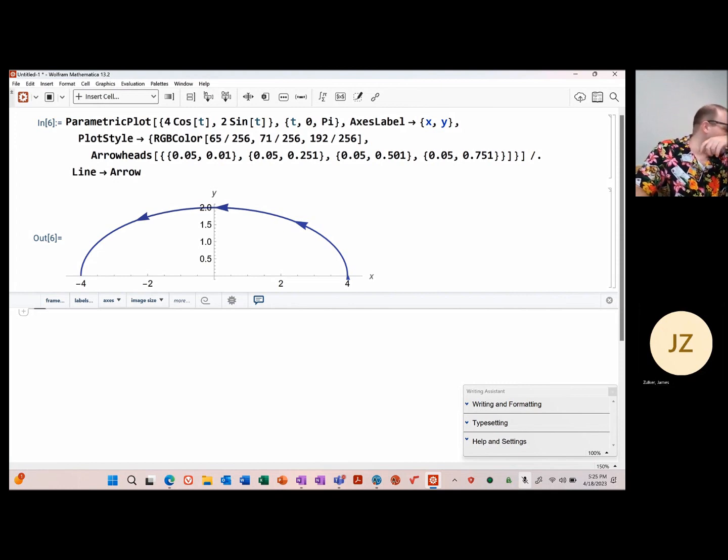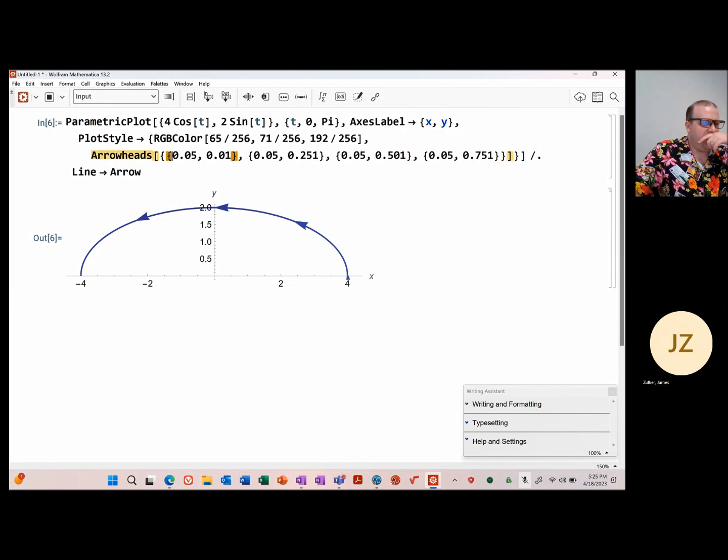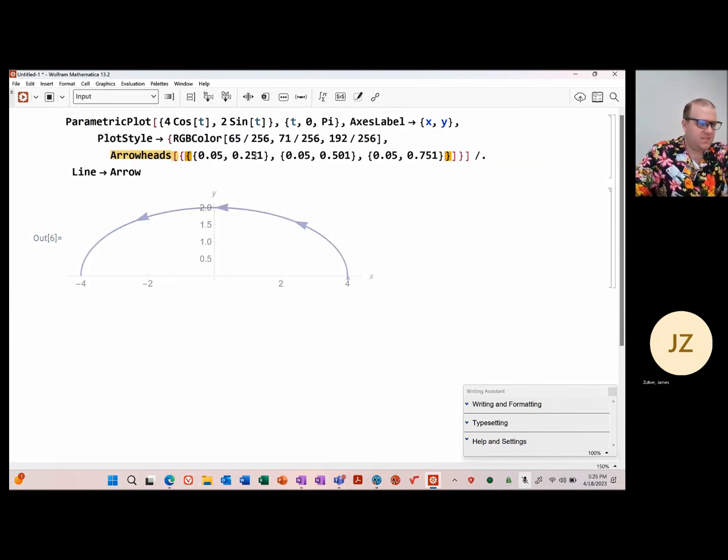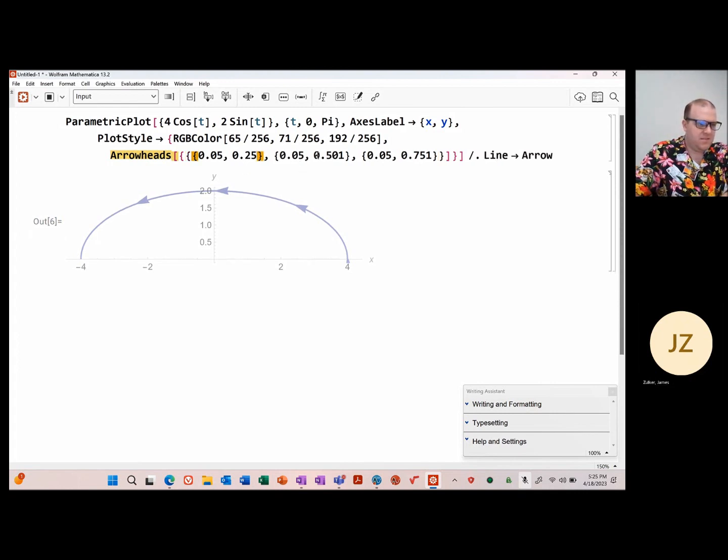I actually don't need all of those arrowheads now. Looks like I can get rid of the first one. And the middle one. And I deleted something by accident. What did I delete?